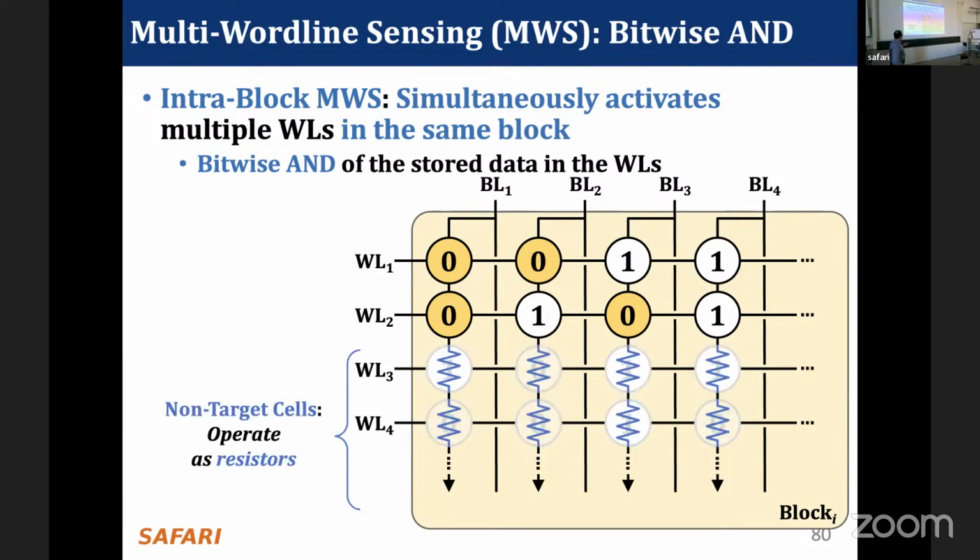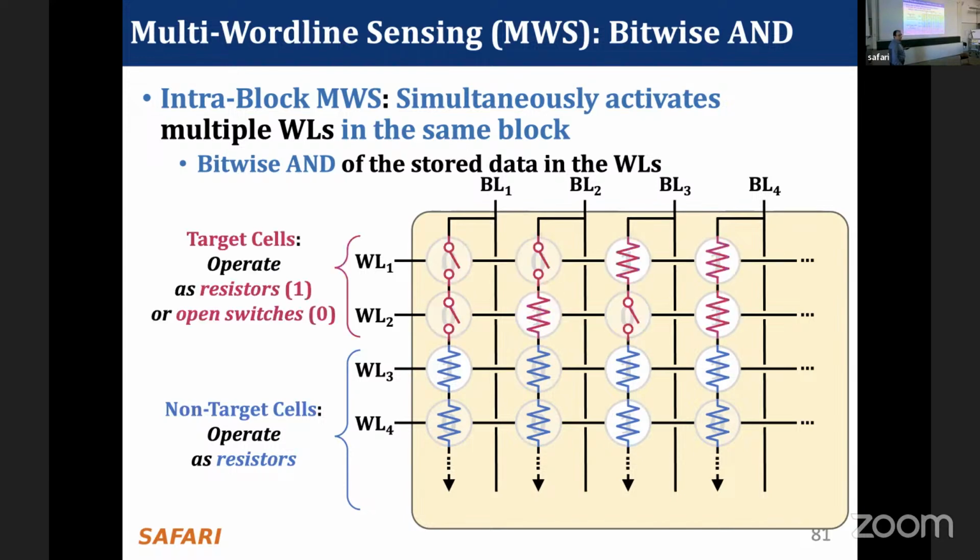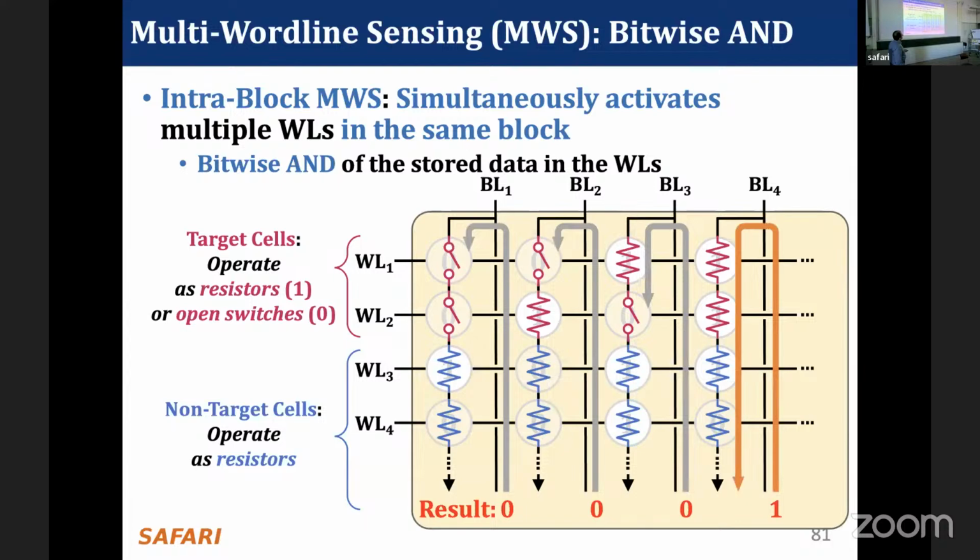So imagine that you want to, for example, AND two operands, like word line 1 and word line 2. Other word lines are non-target cells. So you just apply VPass to all of them, but you apply VREF to those word lines that you want to AND. And you can see that the bit line current will flow only if both flash cells are in the erased situation.